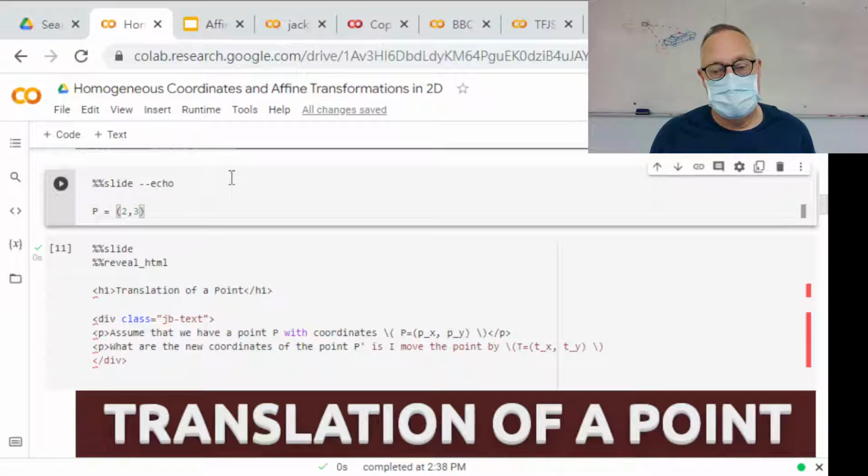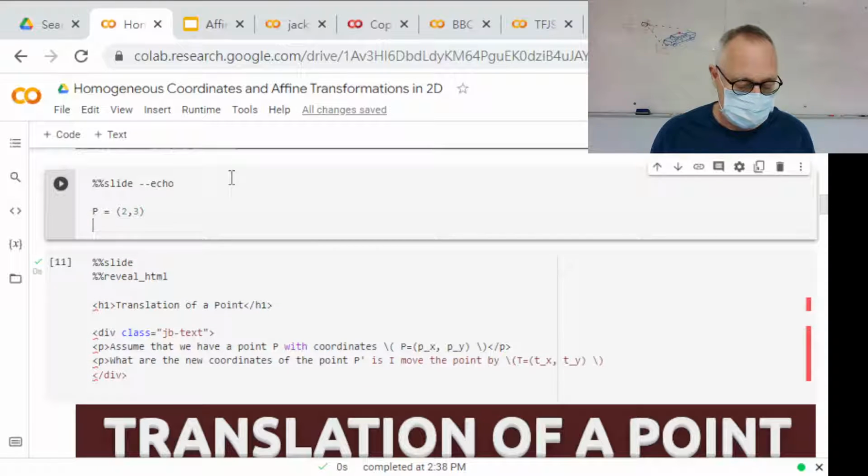So x coordinate is 2, y coordinate is 3.